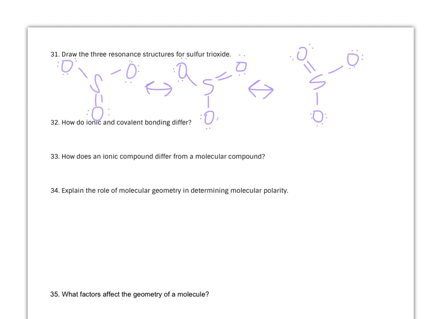Number 32 asks, how do ionic and covalent bonds differ? In ionic bonds, the valence electrons of the less electronegative atom are donated to the more positive atom.